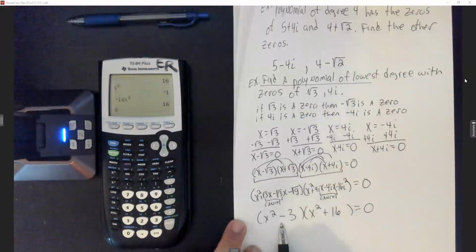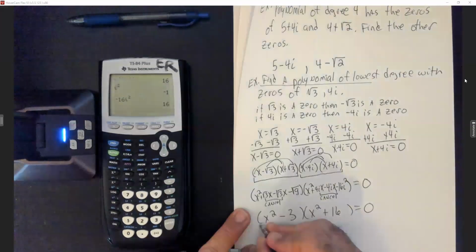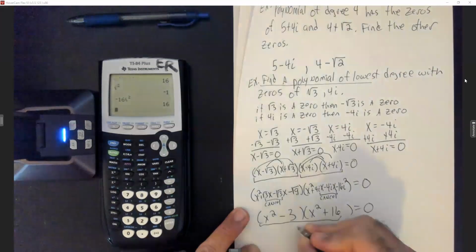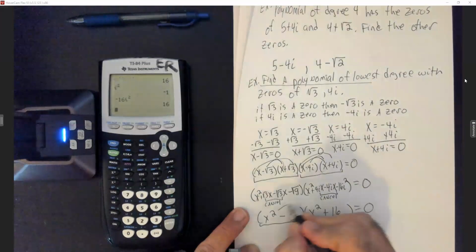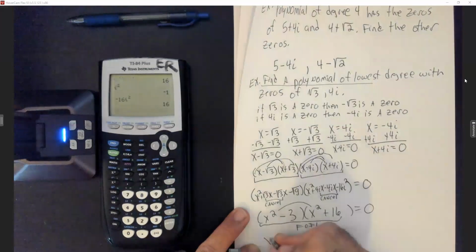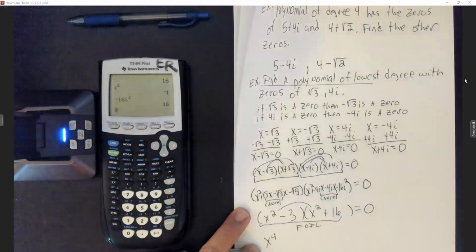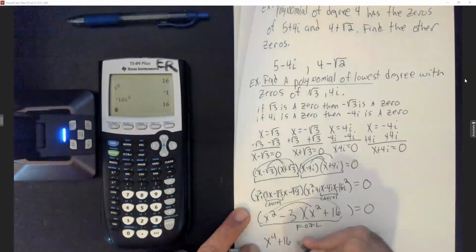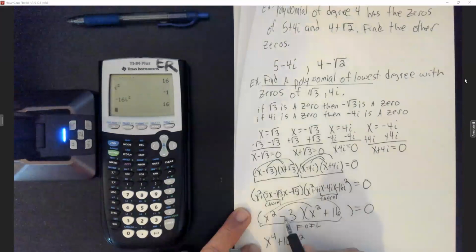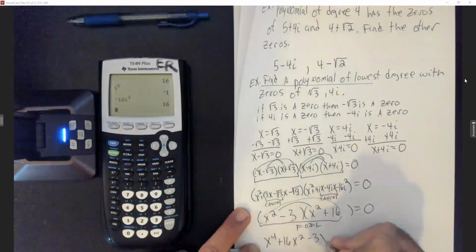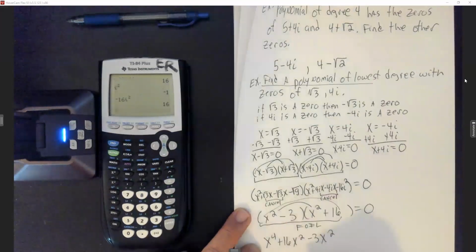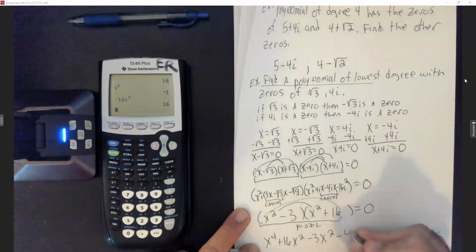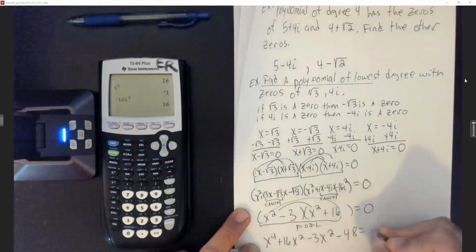All right, last step, FOIL this. So x squared times x squared is x to the 4. X squared times 16 is 16x squared. Negative 3 times x squared is a negative 3x squared. And then negative 3 times 16 is a negative 48, all equal to 0.